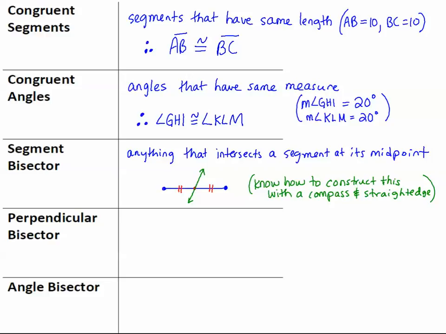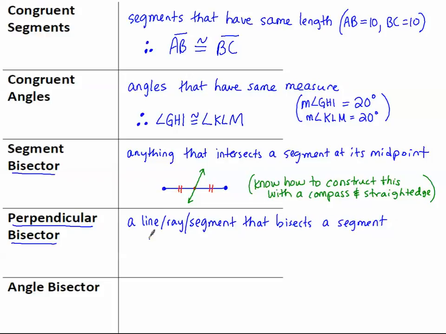Perpendicular bisector, now we're still bisecting like the segment bisector, but we're doing it at a right angle. So we can say that's going to be a line, a ray, or a segment that bisects a segment at a 90-degree or a right angle.